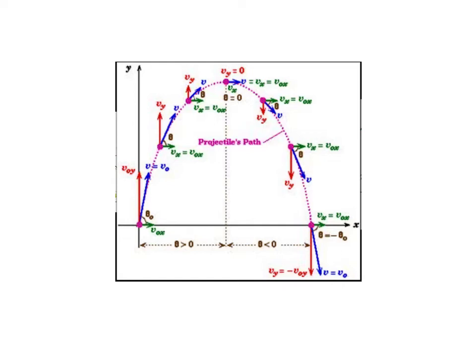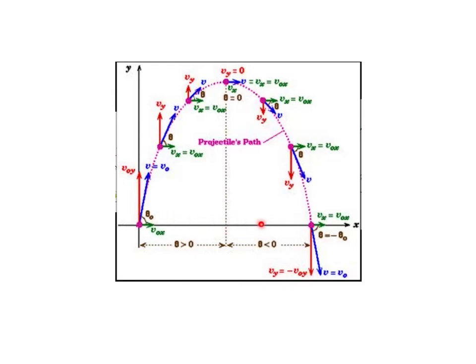So velocity is in the positive direction, and it gets lower and lower until at the highest point in the trajectory, the motion of the ball is called a trajectory, the velocity is 0. And then the velocity keeps getting more and more negative.